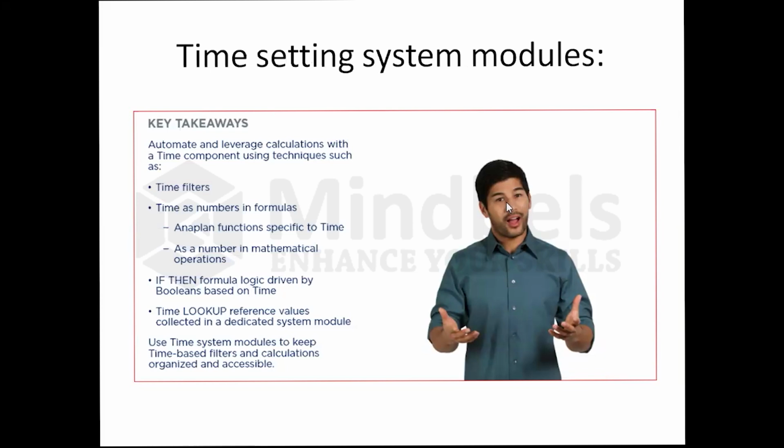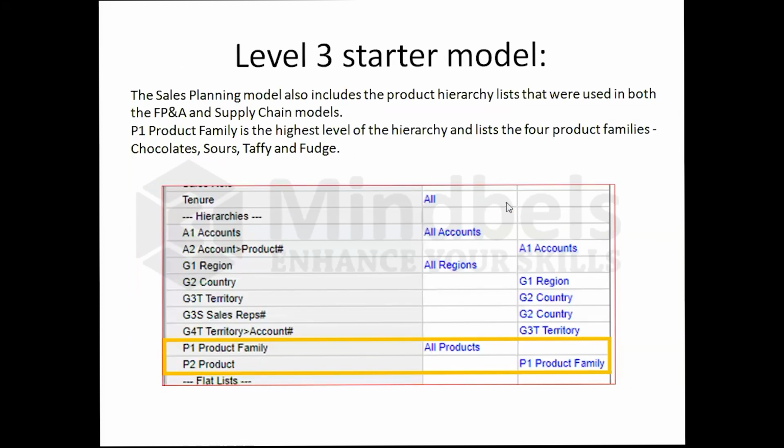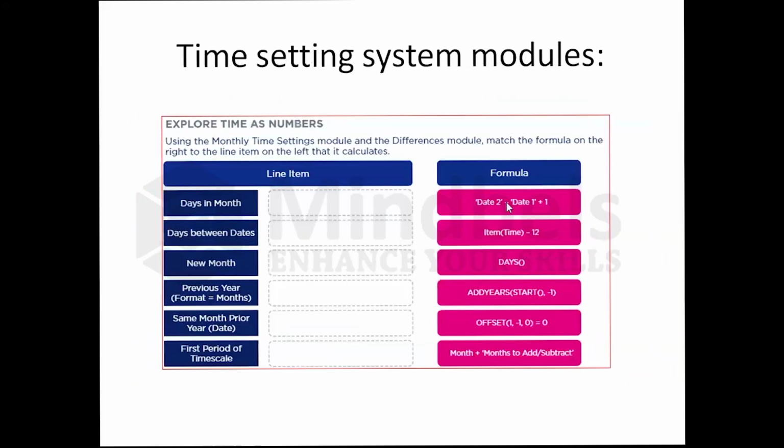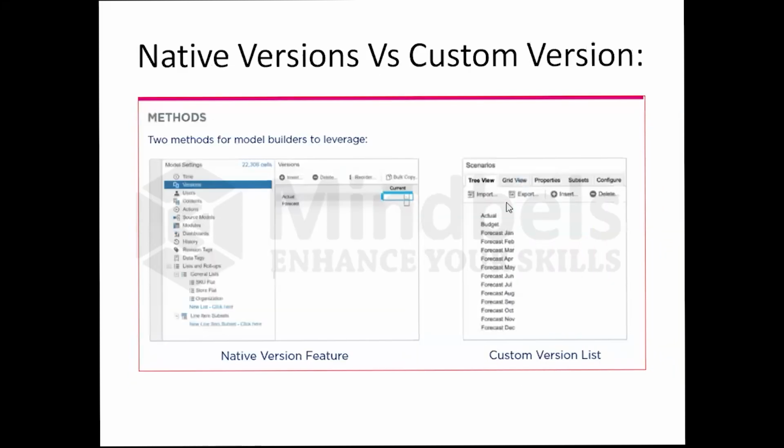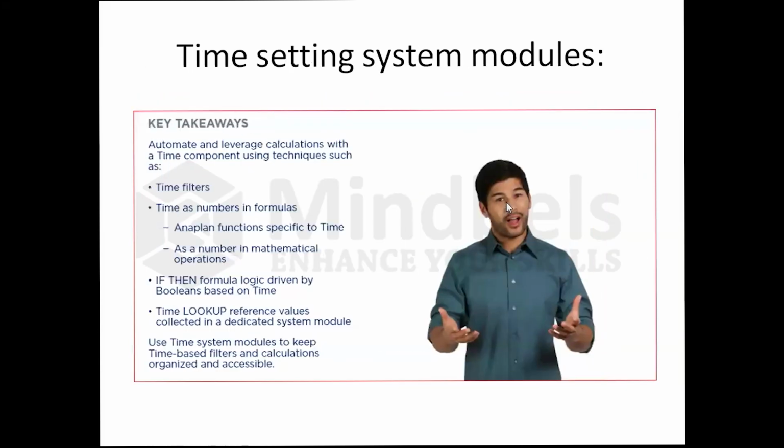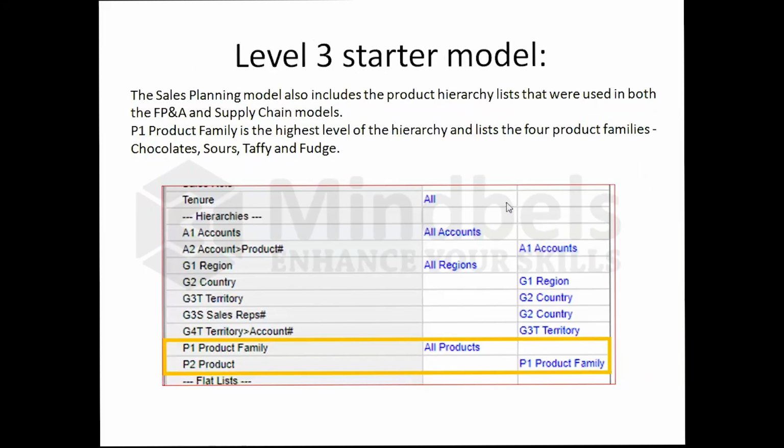Any question till now? No. Okay, we have something related to time setting, so let's go through it a little bit. Till here we have received the introduction to what we will already have in our level 3 model in terms of lists.